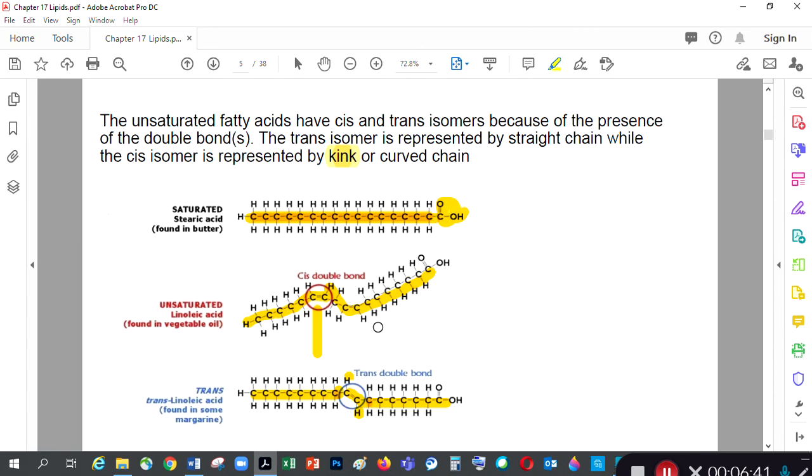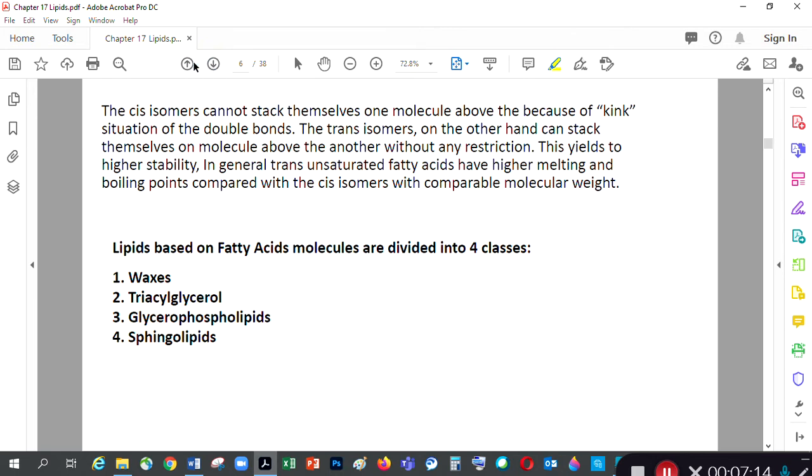So the unsaturated linoleic acid, the cis, is less stable because of this kink, and the trans linoleic acid is more stable because they can stagger themselves in layers, one layer after one layer after one layer. This stacking here will lead to higher stability and higher melting point, while the cis does not have this property.